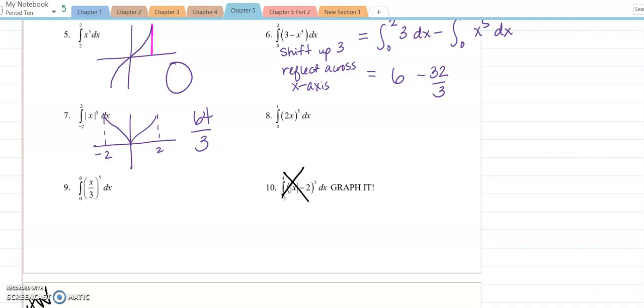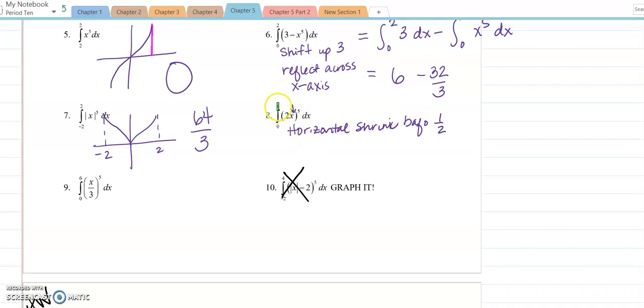Number 8 is a horizontal shrink by a factor of 1/2. And I know that looks weird because it's a 2x, but again, think back to what you guys did in Algebra 2 and in Pre-Calc, that all of the horizontal transformations have to be the reverse operation. So it is multiply here, which means all of these x values have to be half as big.